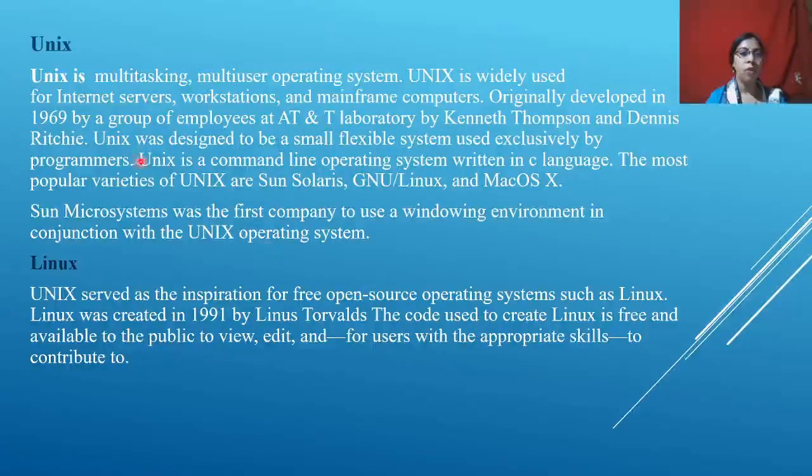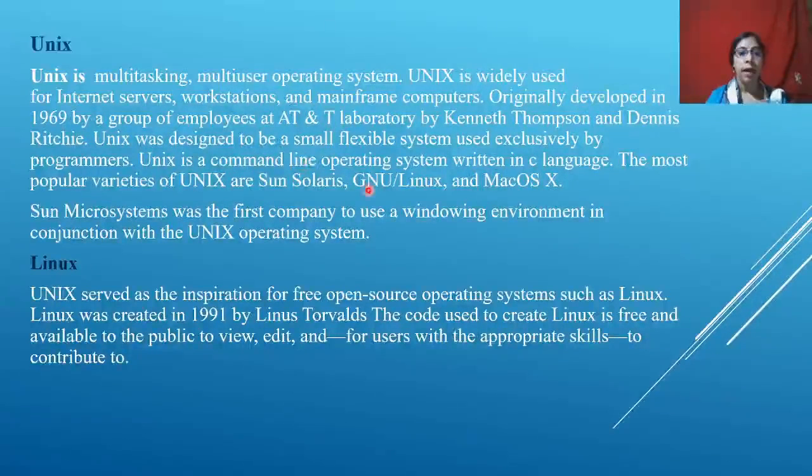There is another operating system called Unix and Linux. Unix is a multitasking, multi-user operating system, widely used for internet servers, workstations and mainframe computers, and it was developed in 1969 at AT&T Laboratories by Kenneth Thompson and Dennis Ritchie.